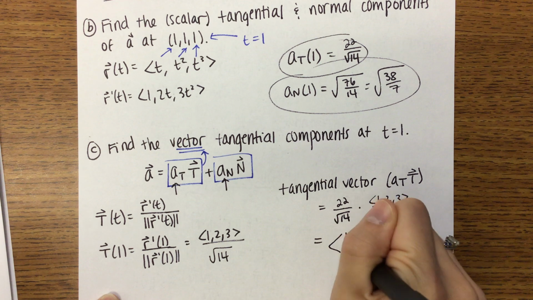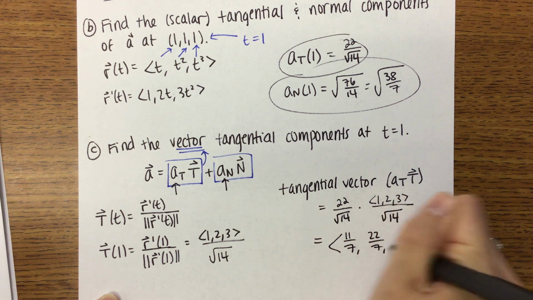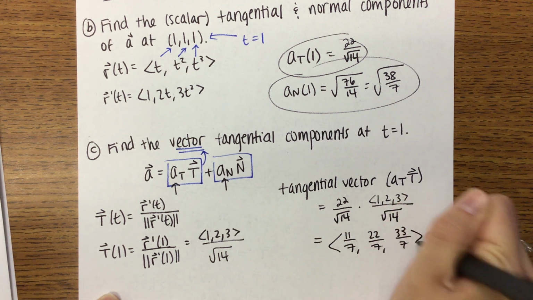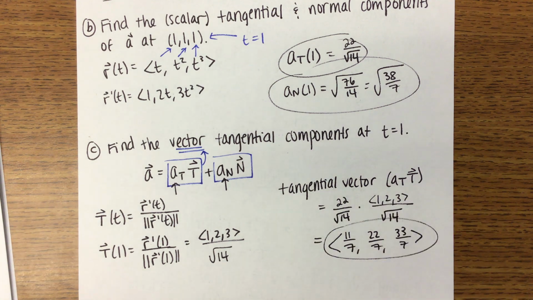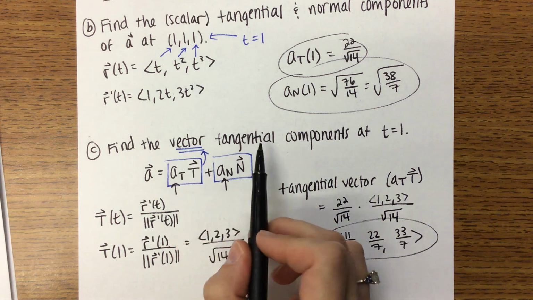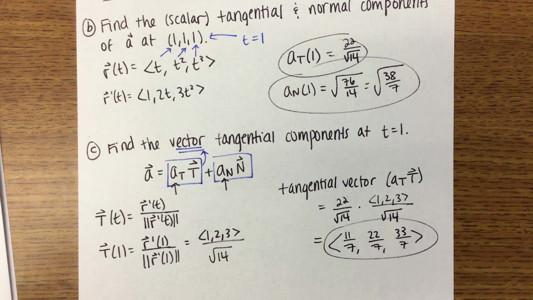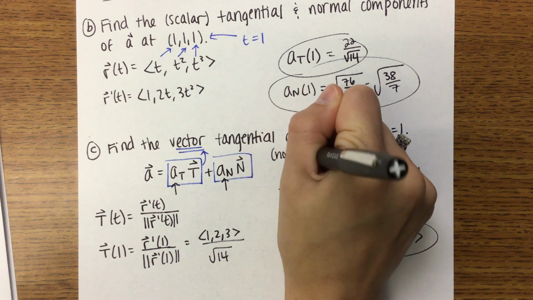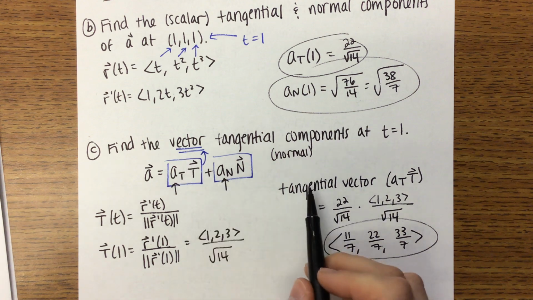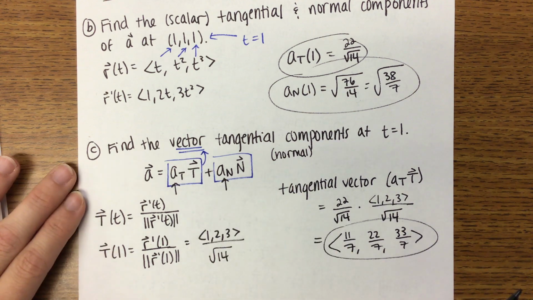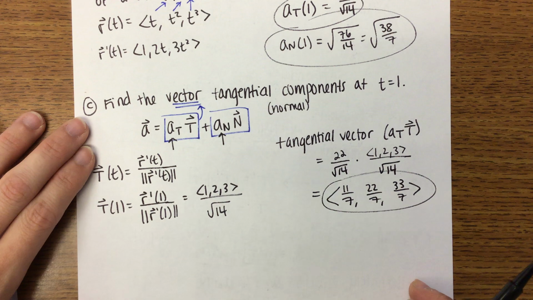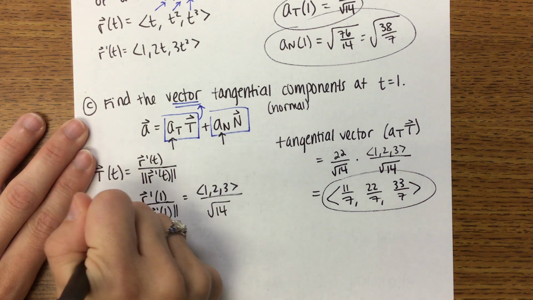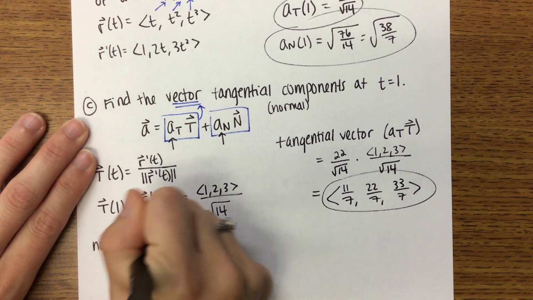That simplifies to 11 over 7, 22 over 7, and 33 over 7. So that vector is called the vector tangential component. Oh, we also need to find the normal component too. Okay, we also need the vector normal component.